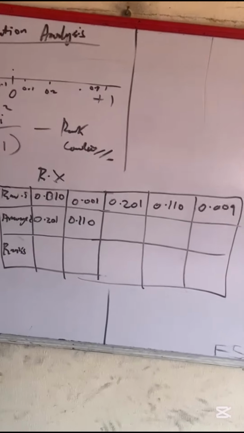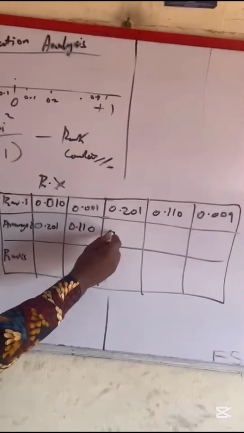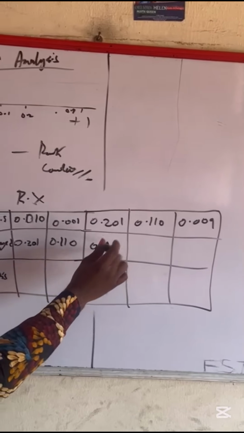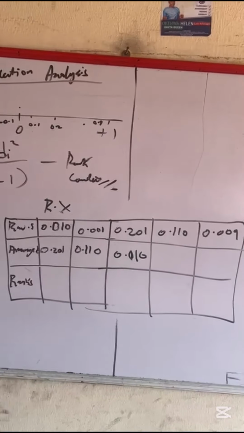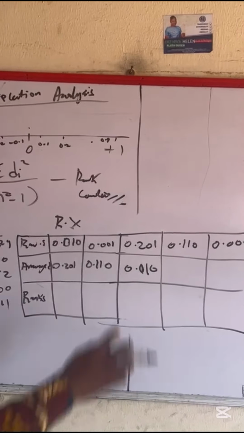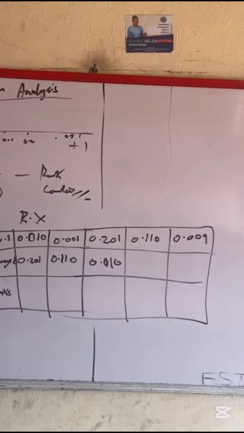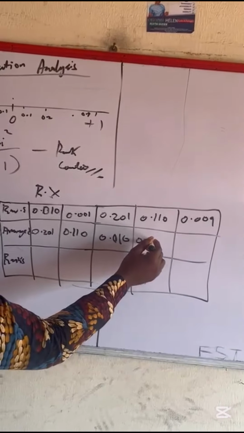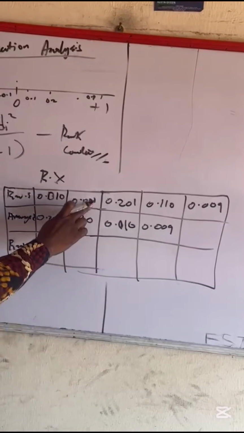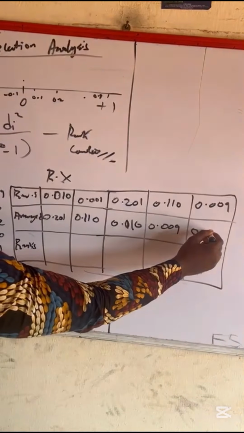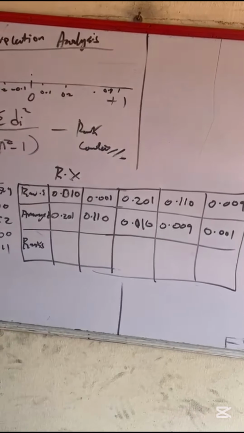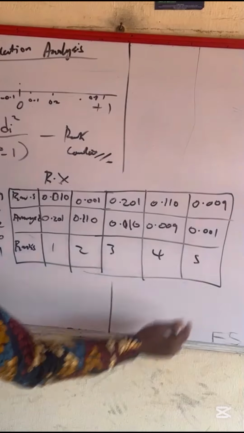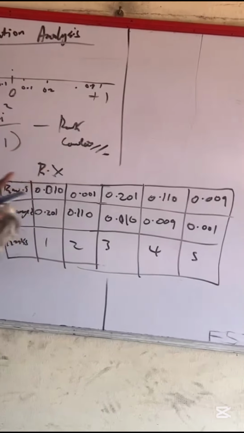This 0.10, then 0.010. The next one, this and this, which one is bigger? I think this. So we have 0.009. Then lastly, we have 0.001. Are you there? Okay. So let's just rank. This is 1, 2, 3, 4, and 5. That's just the rank of X.